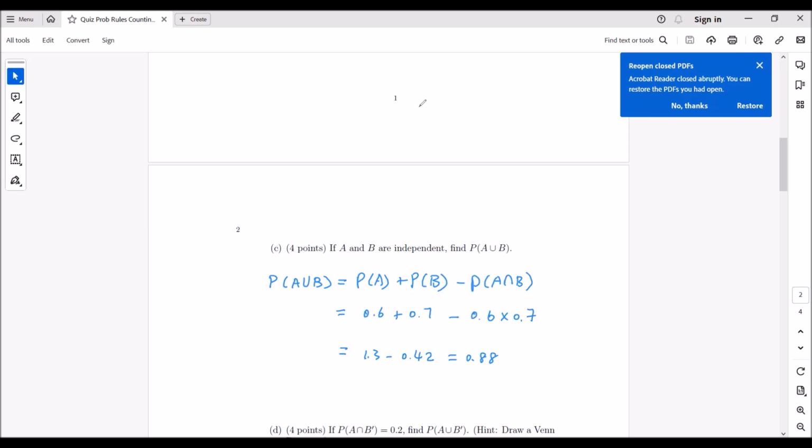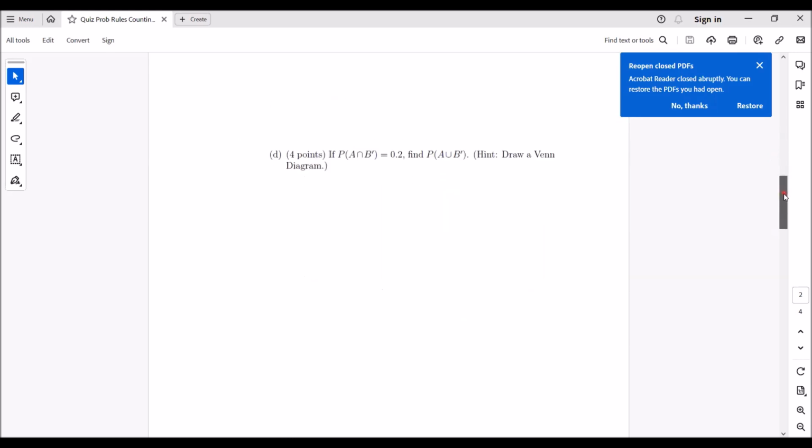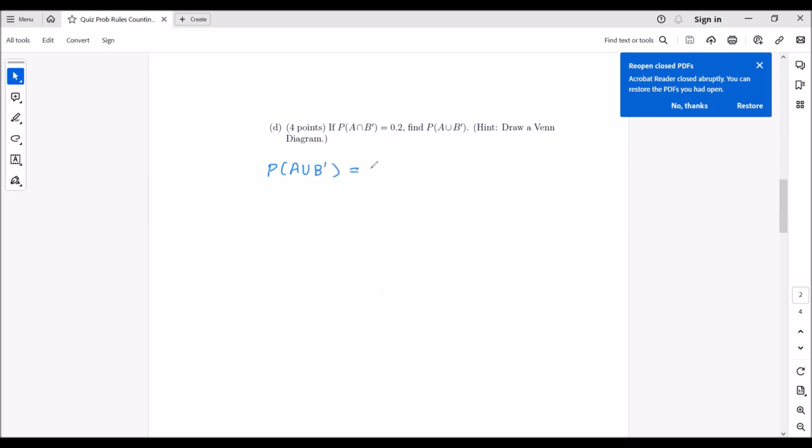All right, so next one. It's better to use a Venn diagram, but if you don't want to, that's fine, if you have a very clear mind about the complement rule. I saw people do that, and that's totally fine.